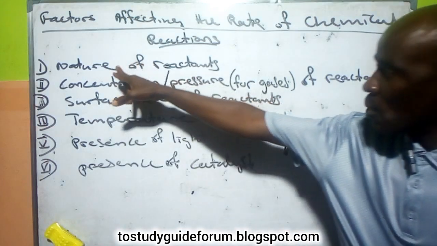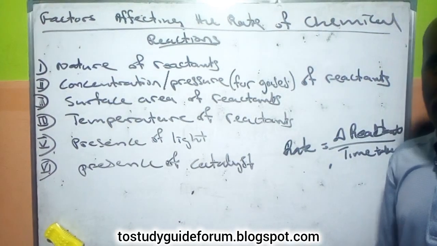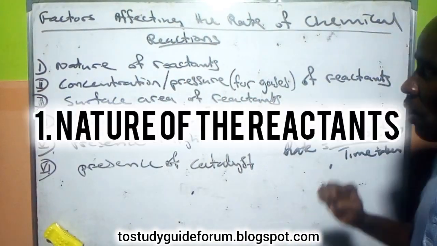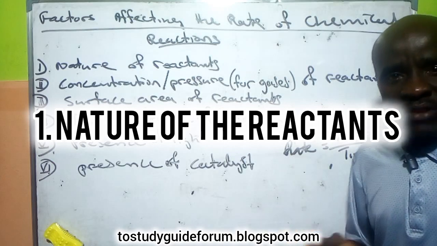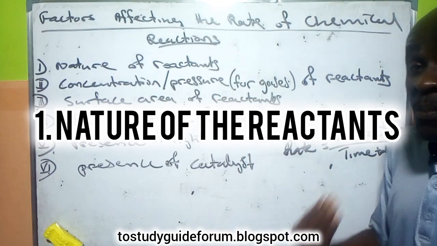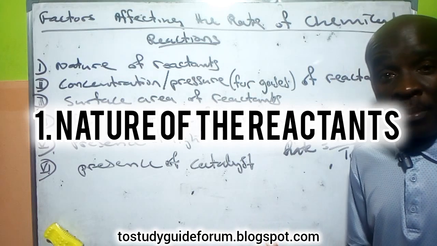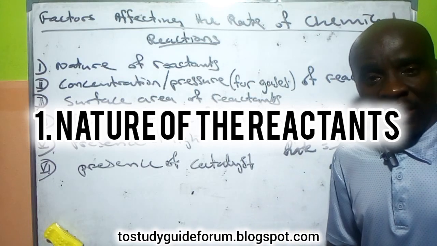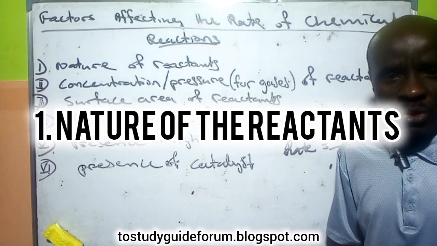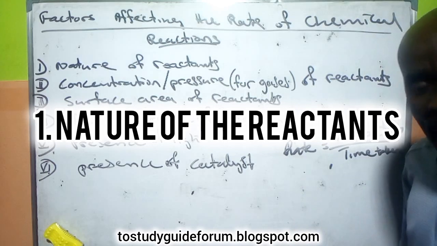So number one is the nature of the reactants. That is what we're looking at now, the factors that affect it. How does the nature of the reactant affect any one of these? Some compounds or metals have higher energy level. For example, sodium metal.